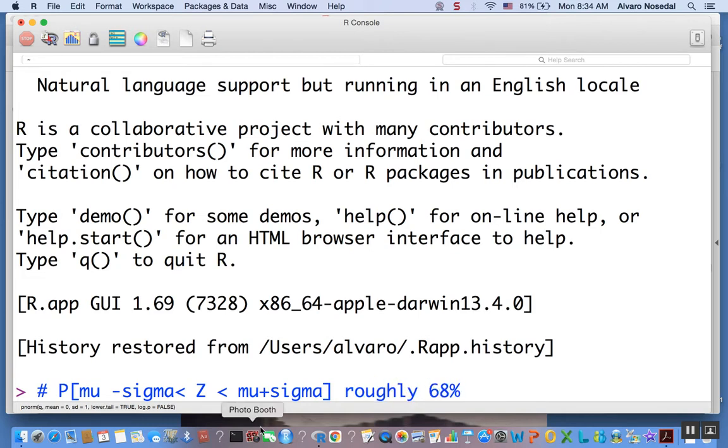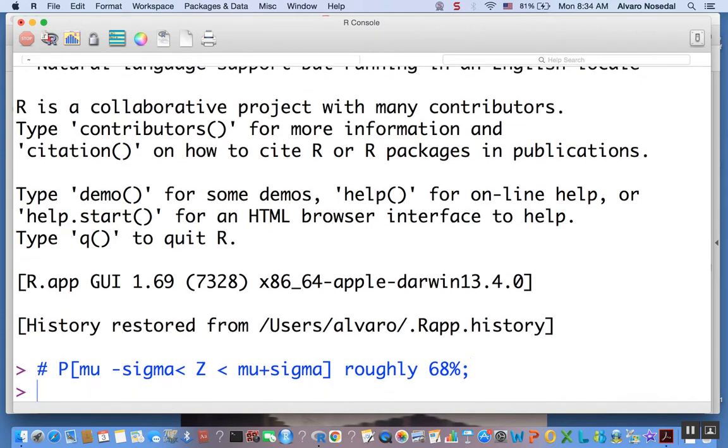Remember that I'm using that hashtag because it's just a comment, R will ignore this. Now here comes the command that I'm going to be using to compute the proportion of observations between mu minus sigma and mu plus sigma.